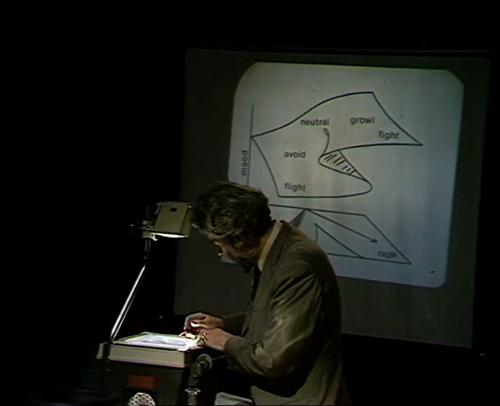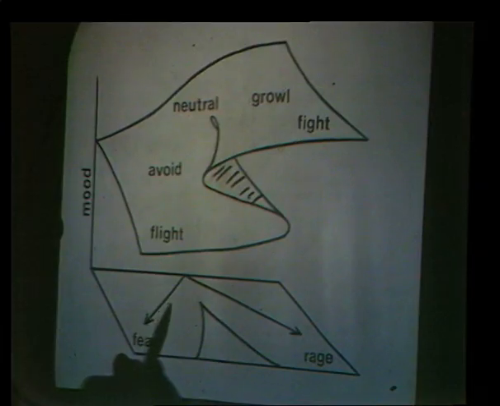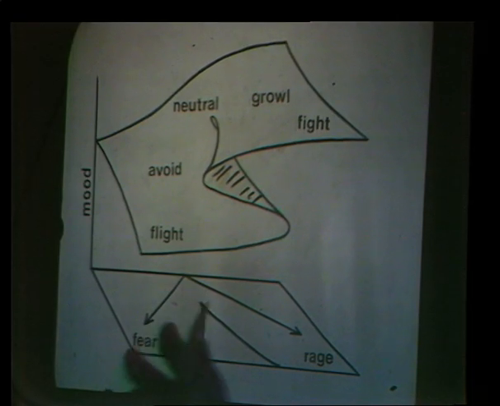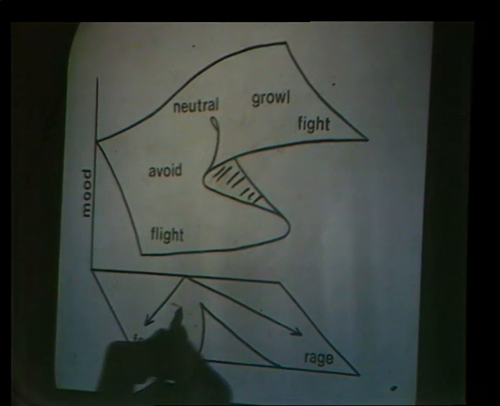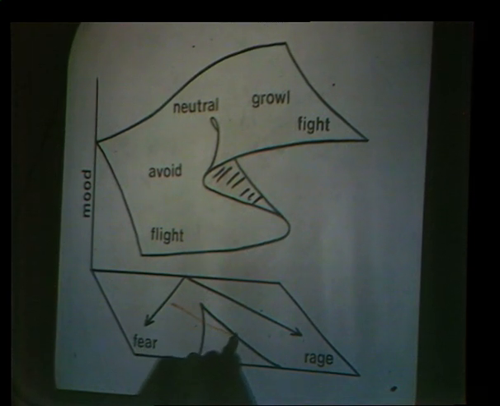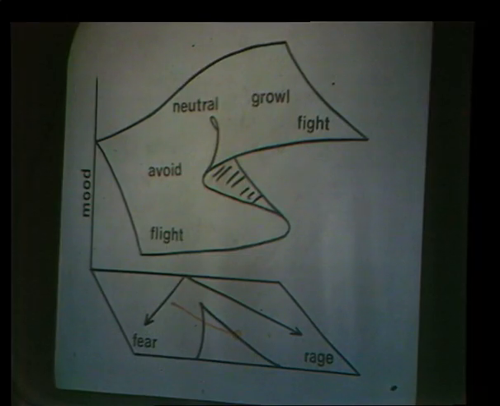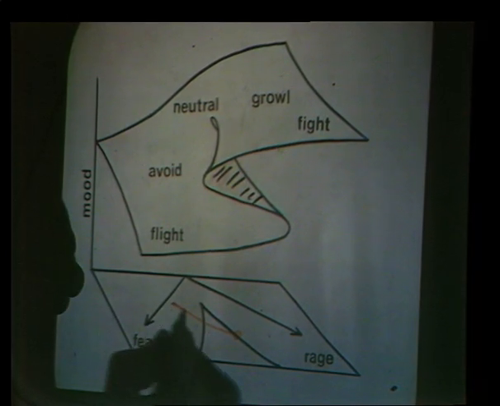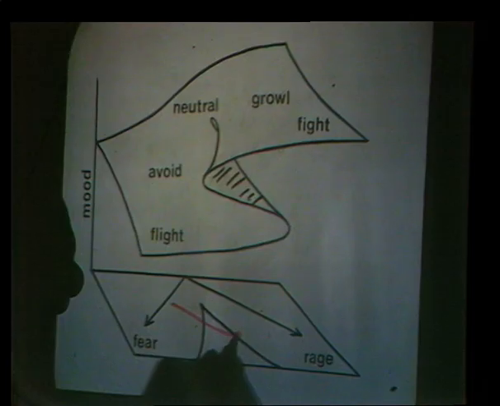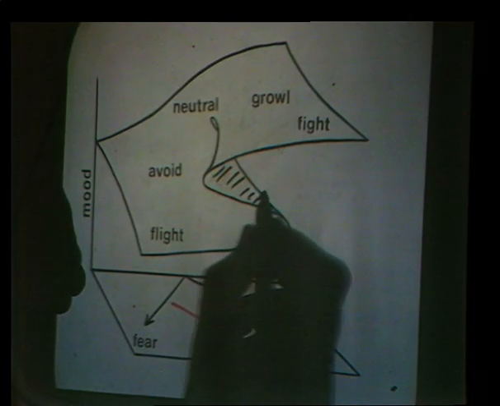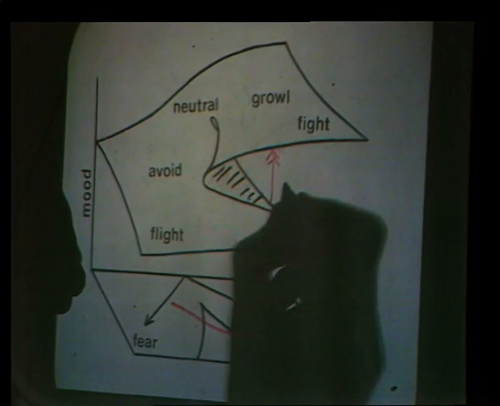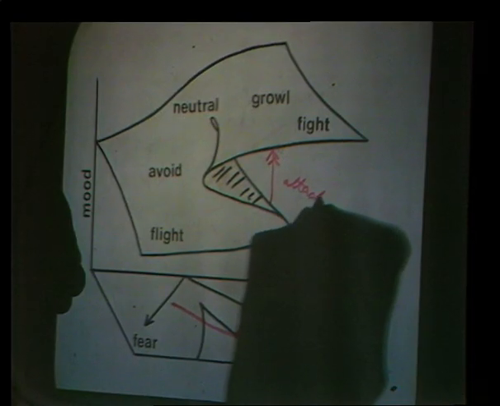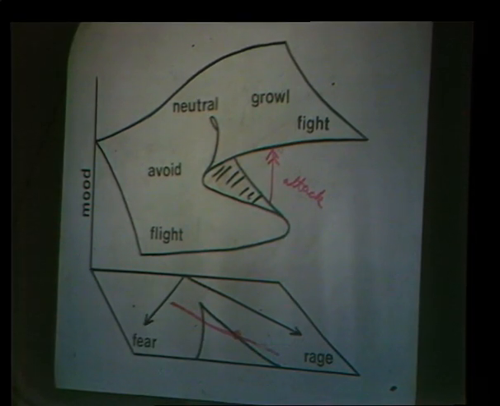And so, if he's here, being frightened, you'll send up his rage coordinate, so we'll come along here, and we will cross the cusp at this point, and as we go outside the cusp, he will have this sudden catastrophic jump of switching from a flight mood into a fight mood.